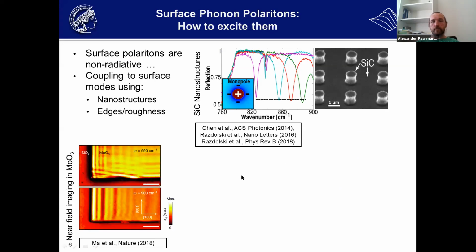Another way, and Thomas Taubner has talked about this in the previous webinar, is just having roughness or edges on a sample surface. If you use a near-field type of approach in your investigations, then you will see these polaritons launched at the edges. The edge will provide, by scattering, sufficient momentum to launch the polaritons.